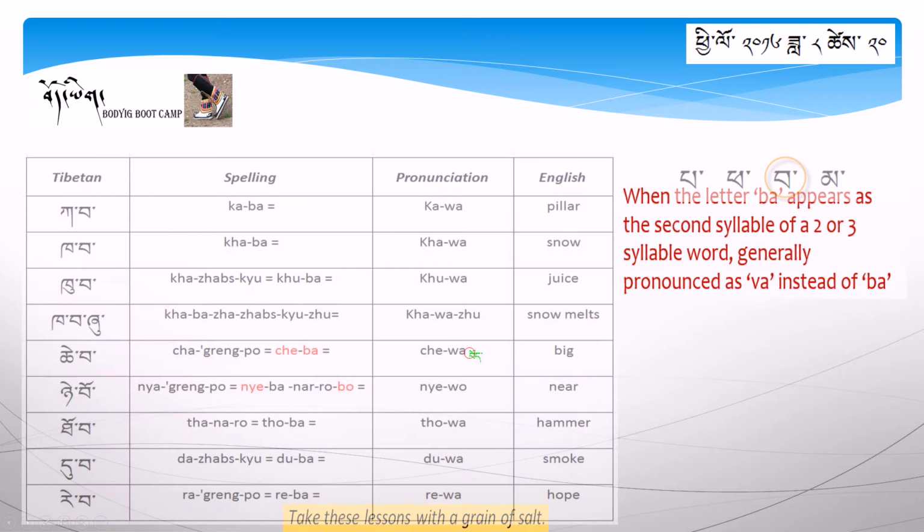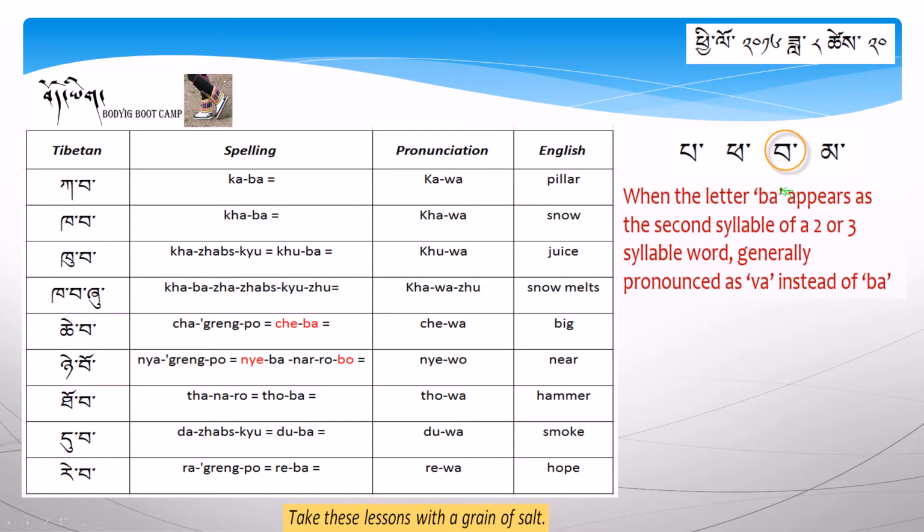Now the next thing to keep in mind is when the letter pa, this letter right here, appears as the second syllable of a 2 or 3 syllable word, generally it's pronounced as wa instead of pa. So as you can see in all these examples right here, it's gawa, gawa. Even though you write pa, when you pronounce it, it's wa, right?